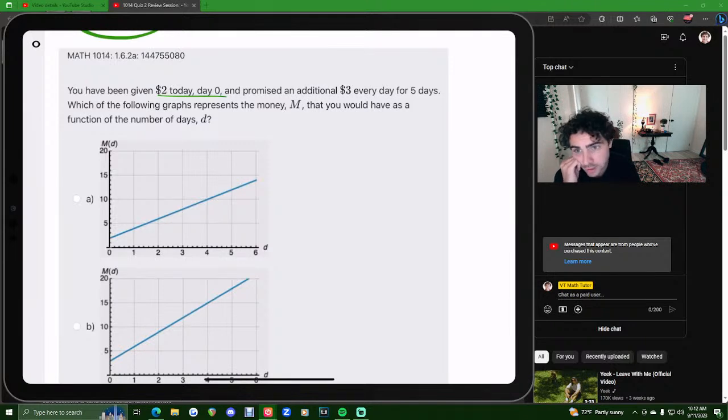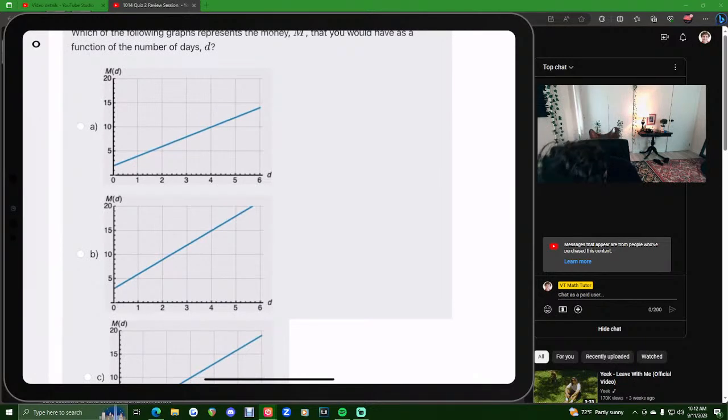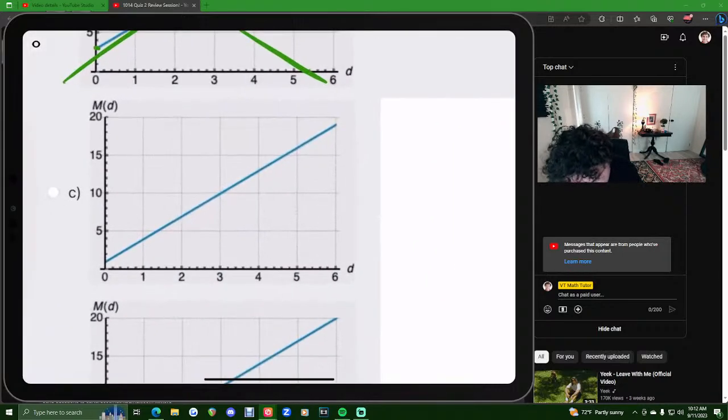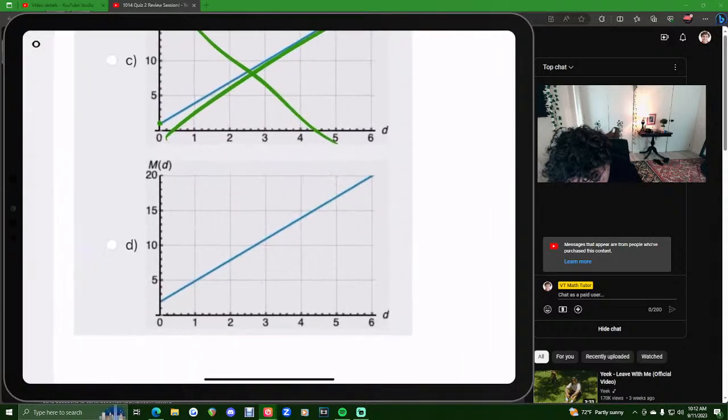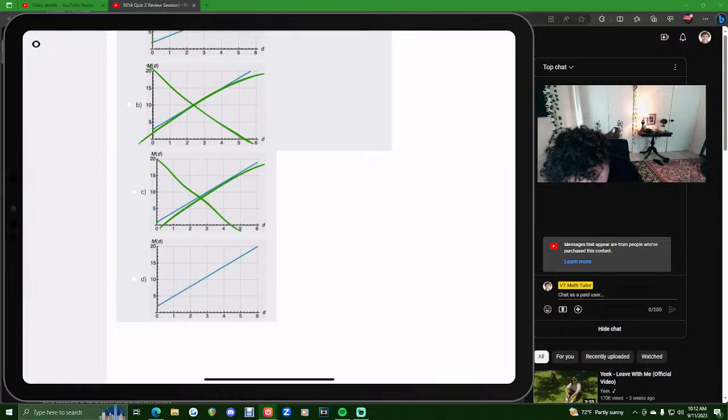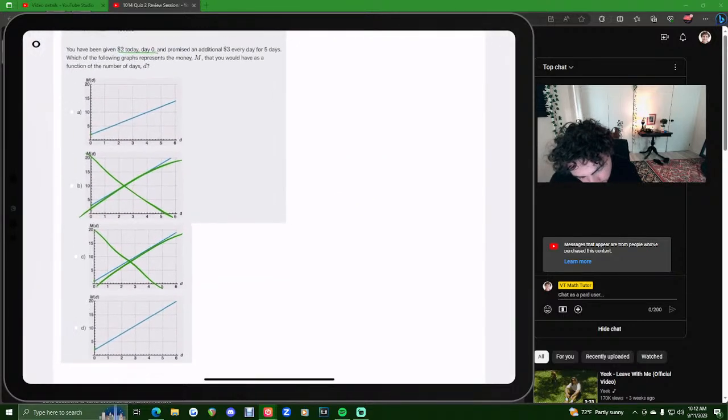Your y-intercept on this graph should be 2. Can we eliminate any graphs based on that? It looks like A has a y-intercept of 2. B has a y-intercept of 3. So I'm going to go ahead and throw that away. Looks like C has a y-intercept of 1. Let's throw it away. D has a y-intercept of 2. So we're between A and D, it looks like.